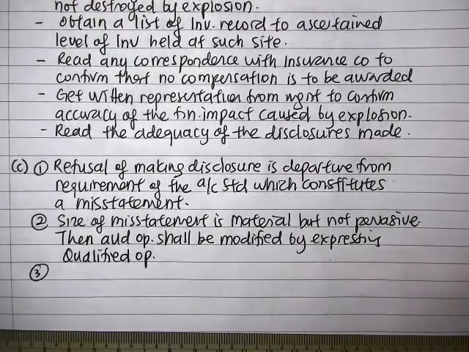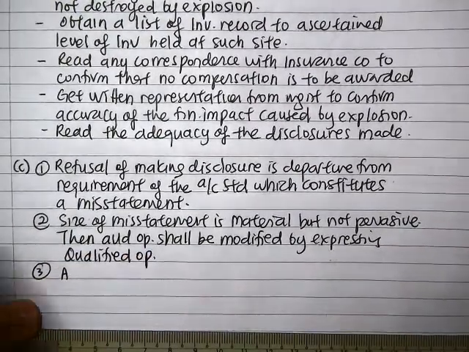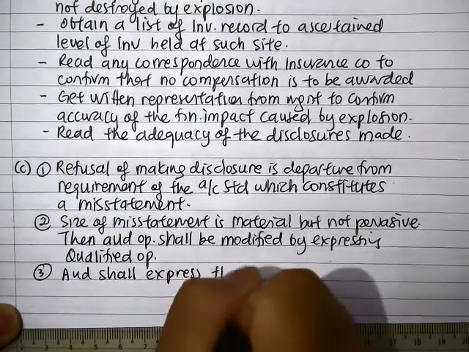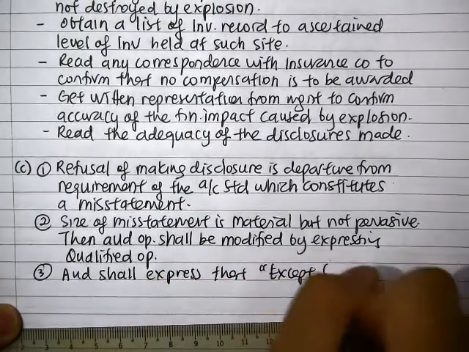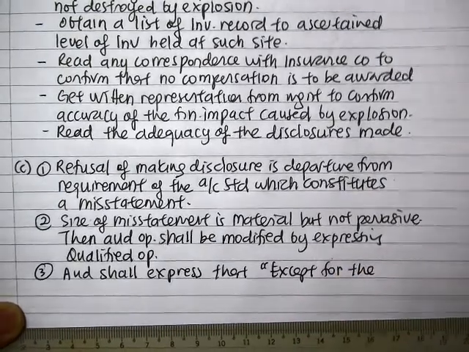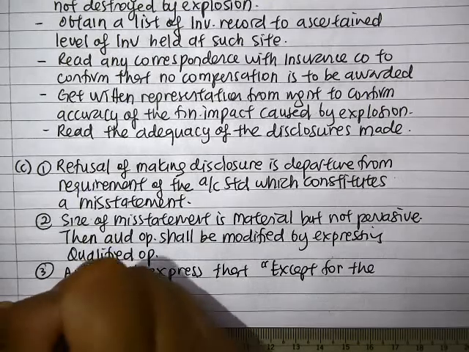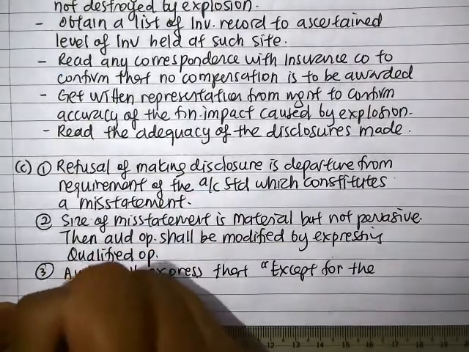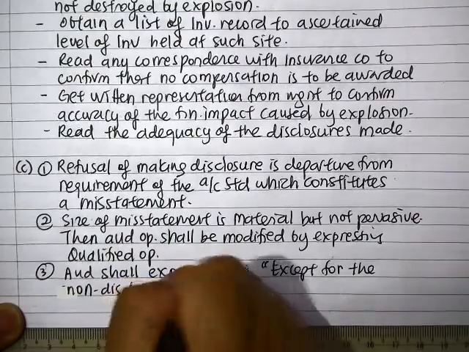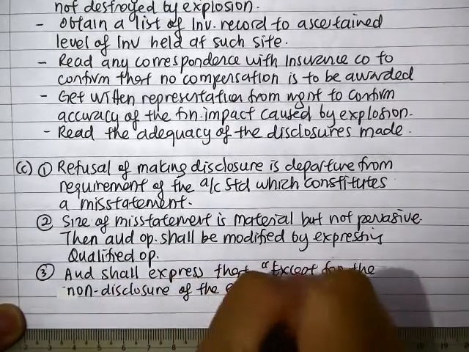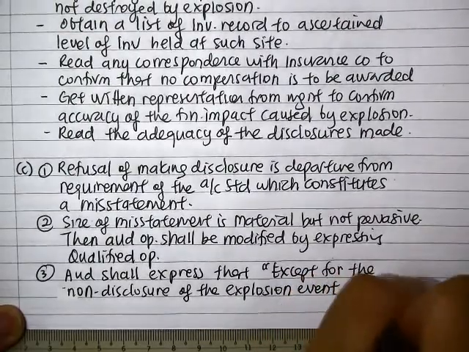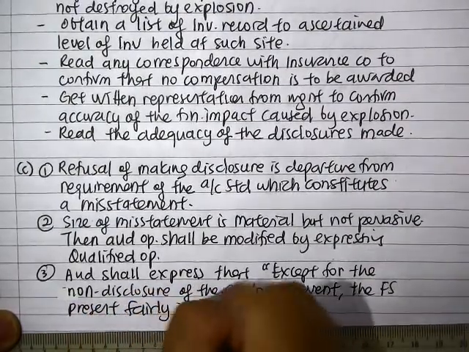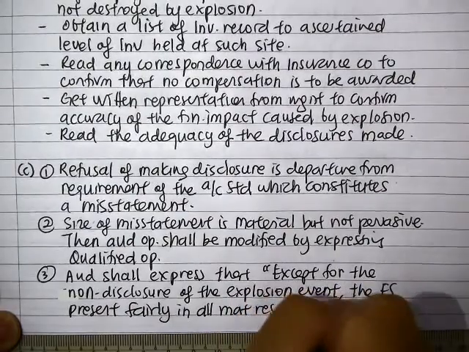Then you must give a keyword. It's only 3 marks. Okay, so you're going to tell that the auditor shall express that except for the non-disclosure over the explosion event, the financial statement present fairly in all material respects.